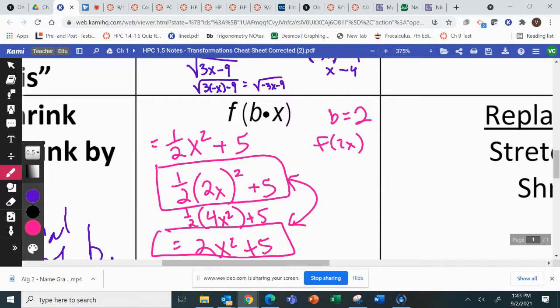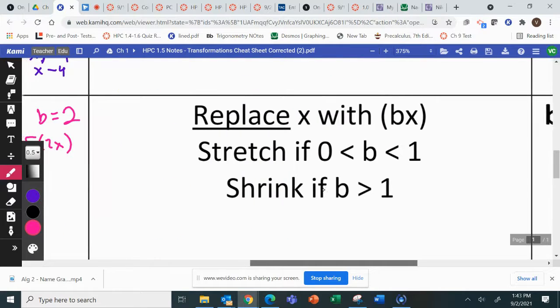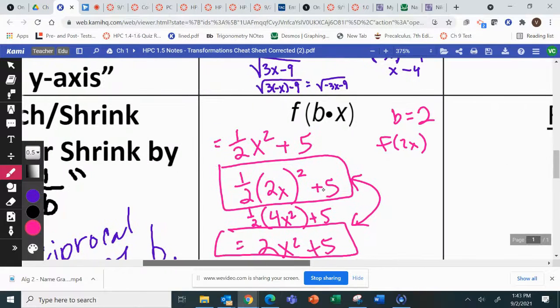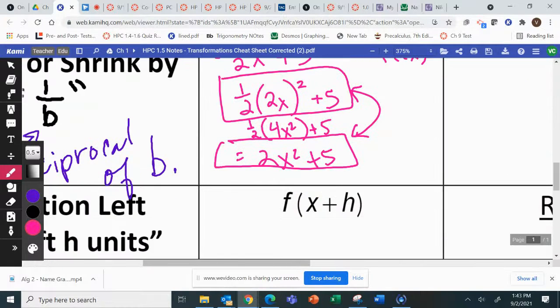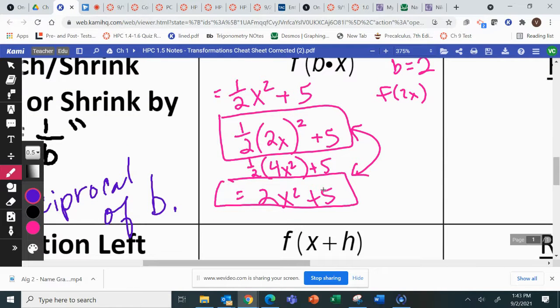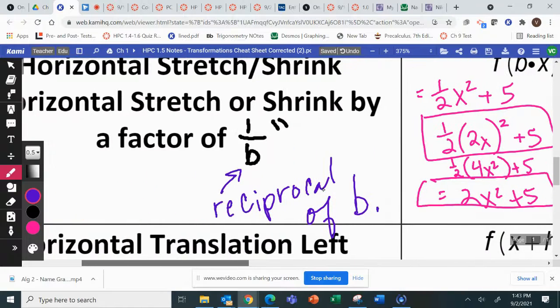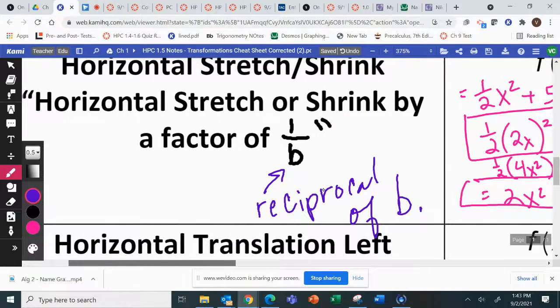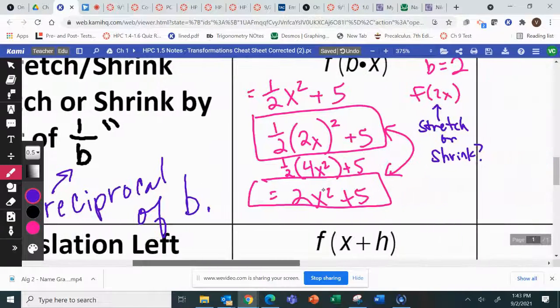Okay. And then the directions, you're going to replace x with bx. Oh, I didn't answer the other thing I was thinking in my head. Is this a stretch or a shrink? So when I write the words out, a horizontal stretch or shrink by a factor of 1/b.